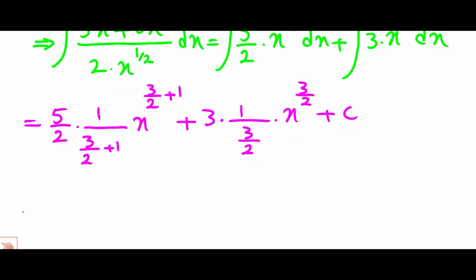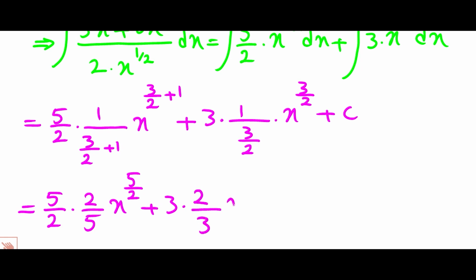So we have 5 over 2 times 1 over 5 over 2, which is 2 over 5, x to the power of 3 over 2 plus 1, equals 5 over 2, plus 3 times 1 over 3 over 2, which is 2 over 3, x to the power of 3 over 2, plus c.